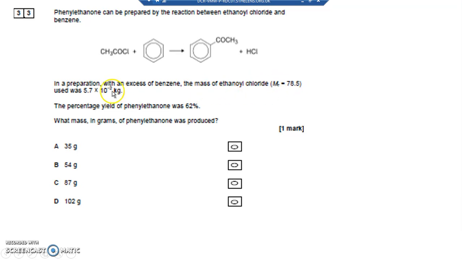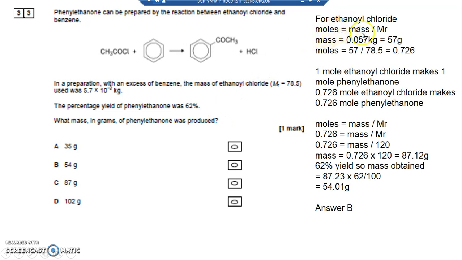I've got the Mr, so I can work out the number of moles, and therefore the number of moles of phenylethanone, which will be the same. With a 62% yield, I can work out the mass. For ethanoyl chloride, moles is mass divided by Mr. The mass is 0.057 kilograms, because it's 5.7 times 10 to the minus 2, so multiply by 1,000 to get grams: 57 grams.